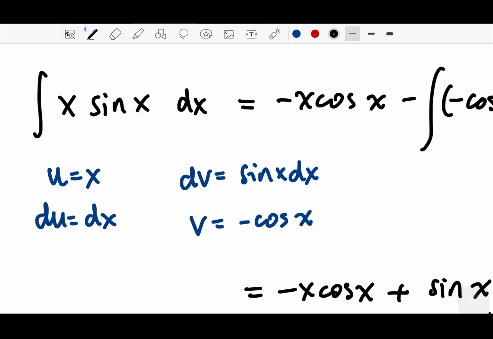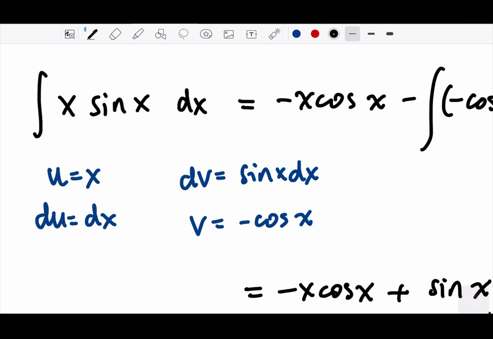For sine x, whether derivative or integration, it just goes cosine, sine, cosine, sine, never ending, so no problem for sine x. But for x, if we derive 1 time, 2 times, it will be 0. So my suggestion is to let that x be derived, to get this integration solved.